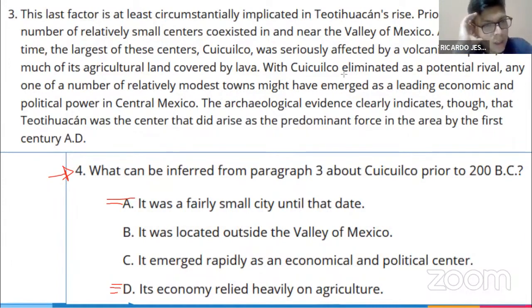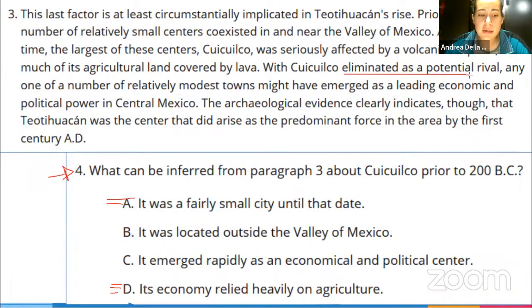So yeah, I think it's A, but I have my doubts because the paragraph also says that Cuicuilco was one of the largest centers of the area, and A says small city, so I'm not very sure.